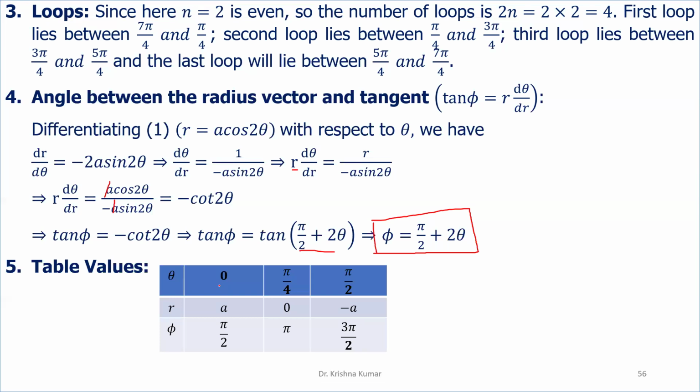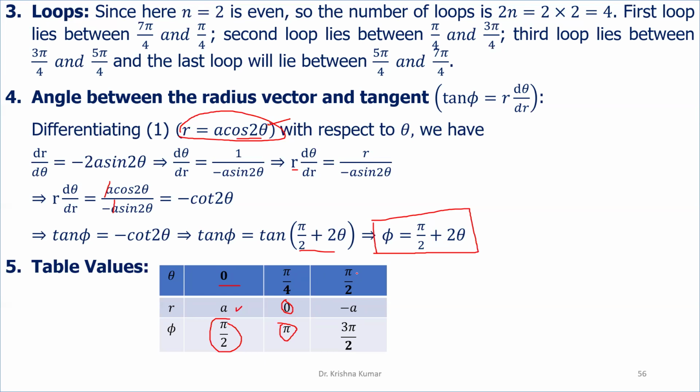For example, if theta equal to 0, r equal to a, because cos 0 is 1, and then phi is equal to pi by 2. If theta equal to pi by 4, cos of (pi by 4 into 2) is cos pi by 2, which is 0, so the value of r is 0, and phi is pi by 2 plus pi by 2, which is nothing but pi.